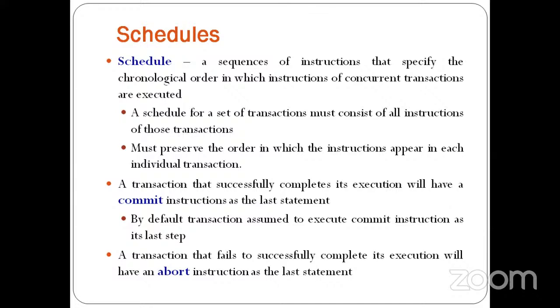By default, a transaction is assumed to execute the commit instruction as its last step. A transaction that fails to complete successfully has an abort instruction as its last statement. This is what a schedule is: a sequence of instructions that specifies the chronological order in which the instructions of concurrent transactions are executed.